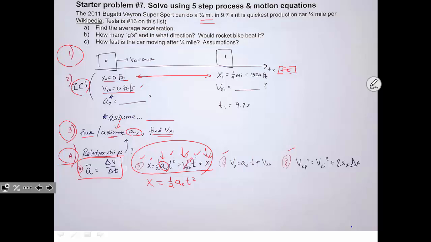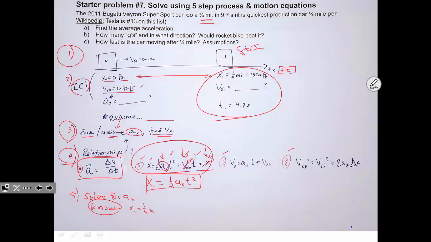So we can calculate that. Let's just see what that is. So 2 times 1,320 divided by 9.7 is a very large number. There's double checking here.